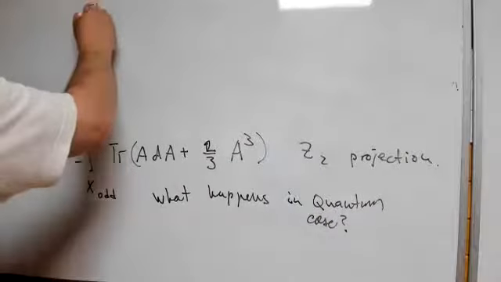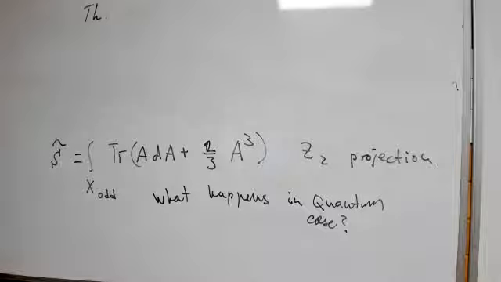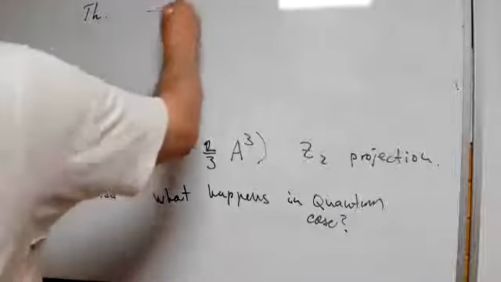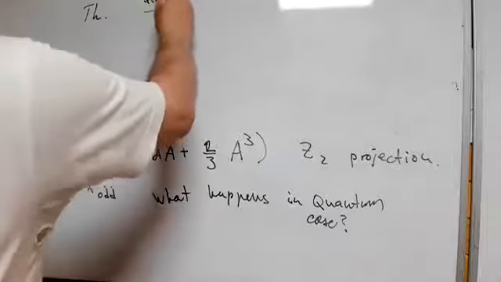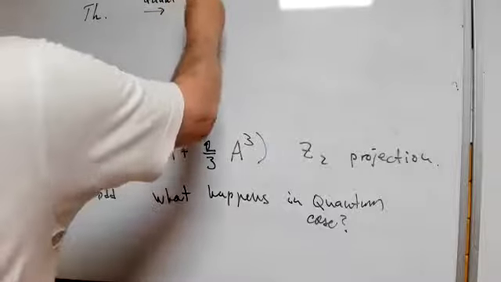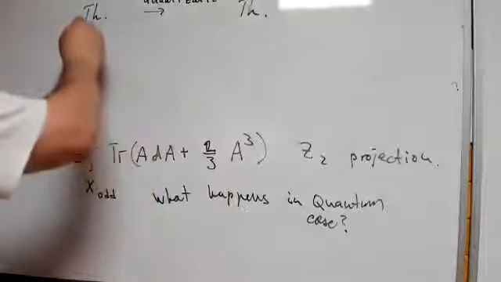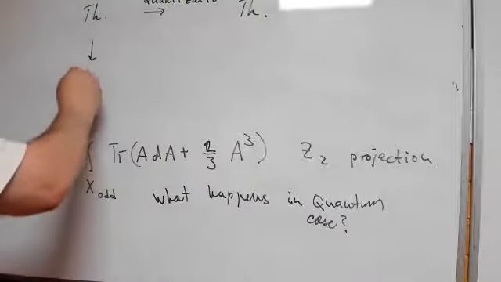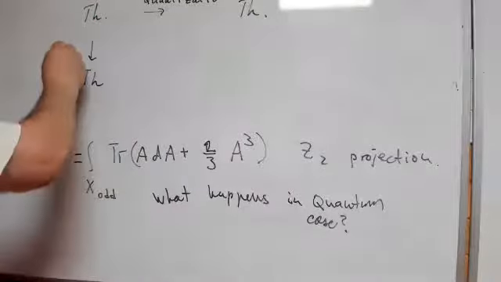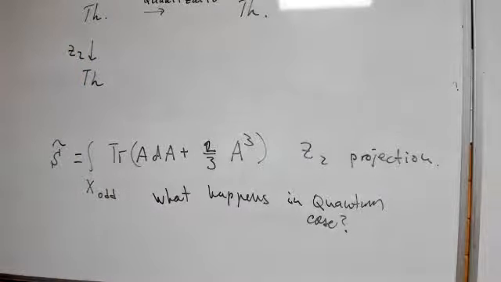So we have a theory, and here we have quantization. And between this, suppose we have another theory, and here we have Z2 projection.